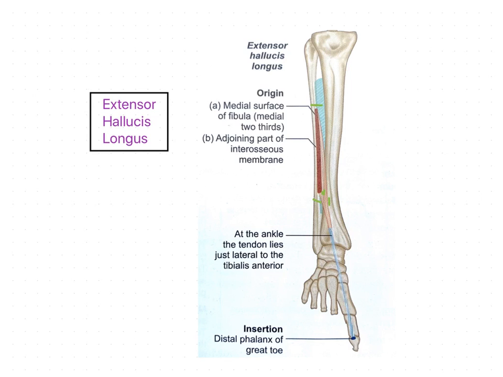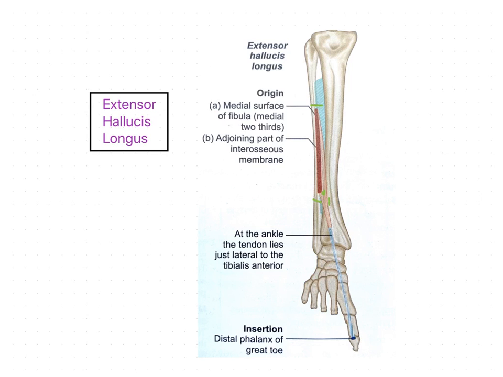And if you see the insertion, at the ankle the tendon lies just lateral to the tibialis anterior. So we have already discussed what are the tendons which are passing through this extensor retinaculum. First the tibialis anterior, and then we can find the extensor hallucis longus.